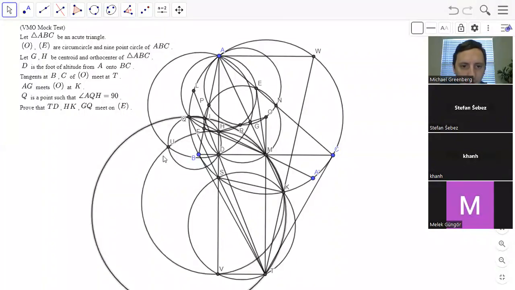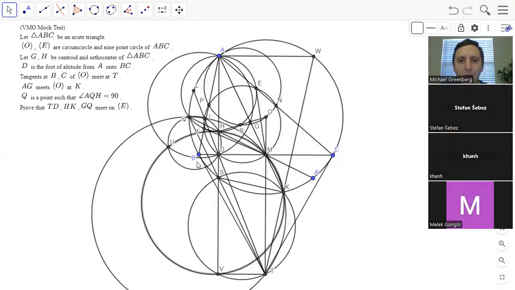So if we knew that this, and this, yeah, basically by the radical axis theorem, UH, MT, and QI, oh no, this doesn't pass through T. Oh man.